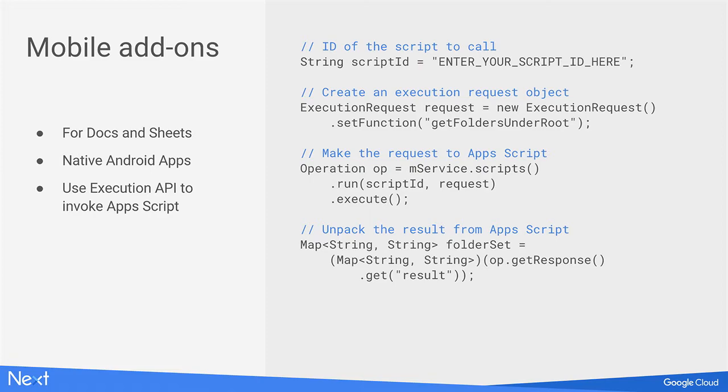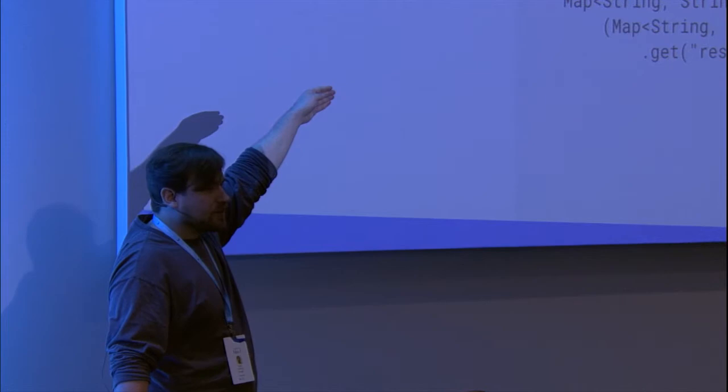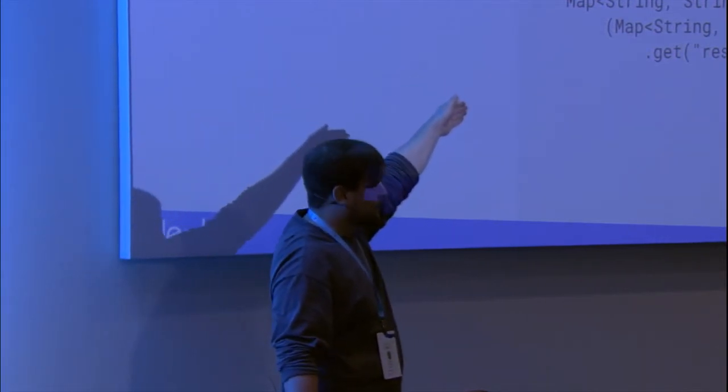And you can also invoke server-side functions in AppScript by using the execution API. This code is an example of how you would do that, but it's relatively simple. You just create a request and build this operation type, and then you can send it to AppScript using this API, and it'll execute asynchronously, and you can get the result when you're ready.